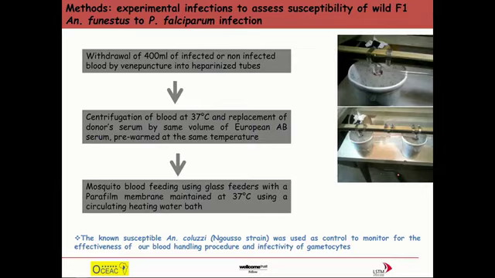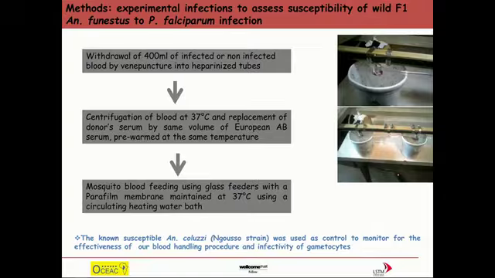After that, we collected 400 microliters of infected or non-infected blood meal into Eppendorf tubes. We centrifuged this blood meal at 37 degrees and replaced the serum with non-immune human serum. Then we fed mosquitoes using a glass feeder system with paraffin membrane at 37 degrees during 30 to 45 minutes.